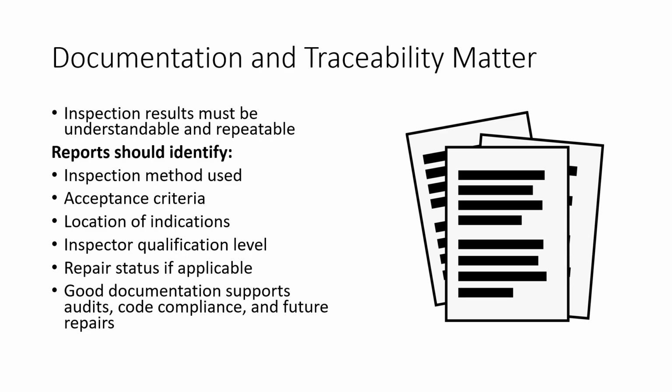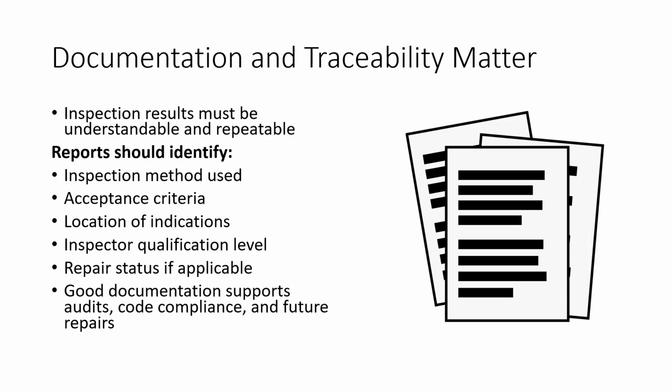Hey, what was our criteria for accepting or rejecting this weld? What code was I working to? Location of indications. Hey, we found stuff here. We need the welder to go in and chop it out and re-weld this. Who was the inspector and what was his quality level when they did this? What's our repair status, if applicable? Well, maybe that doesn't go on there, but it'll be on an adjacent report.